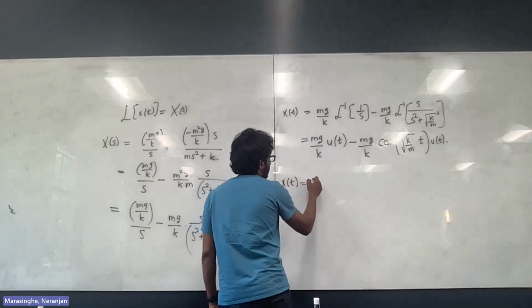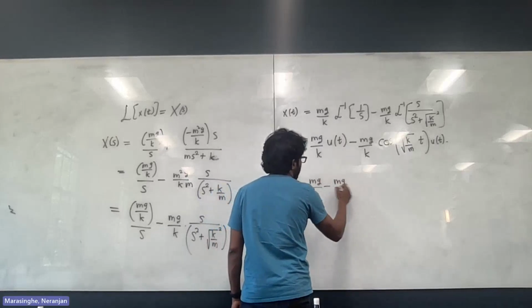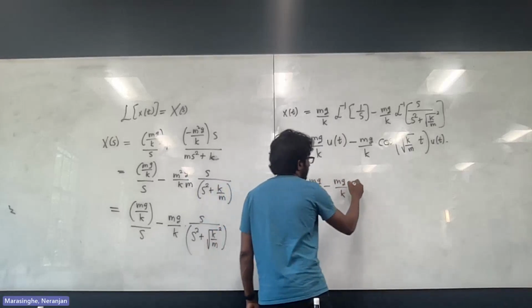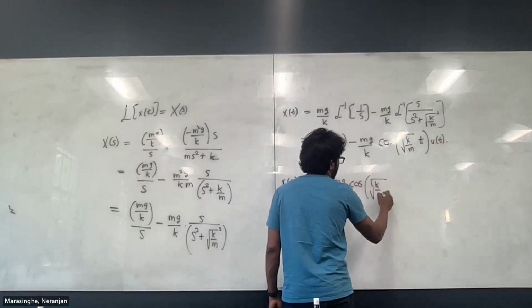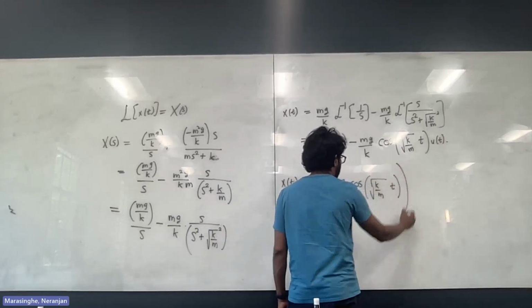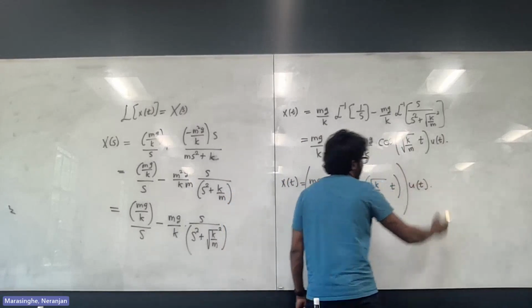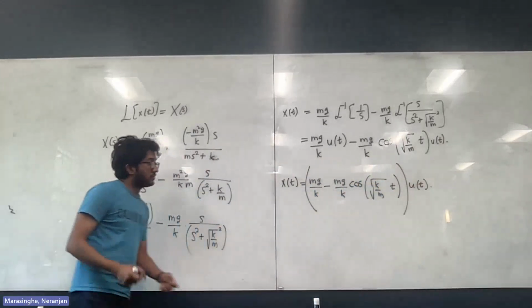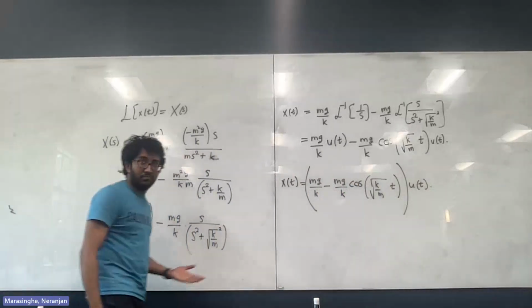Xt is equal to mg divided by k minus mg divided by k times cosine of square root of k divided by m times t, u(t). It is a very interesting example, right?